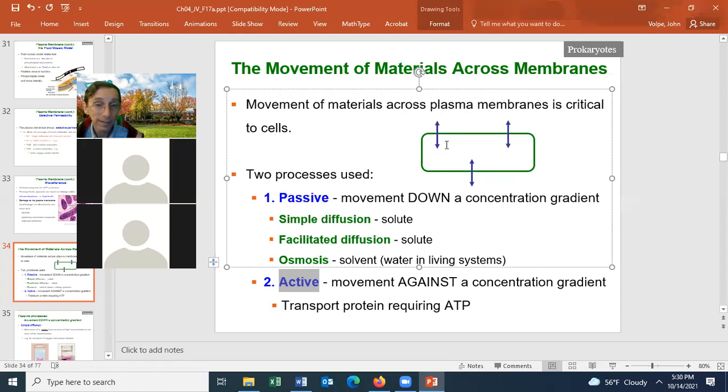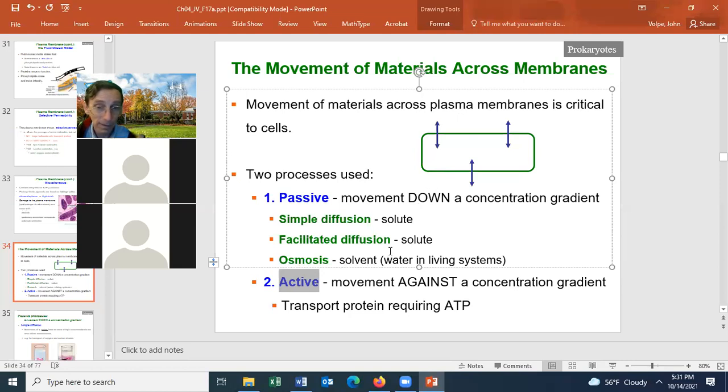A passive process can happen by simple diffusion, which I just described, but it can happen by facilitated diffusion, where a solute moves into the cell through a protein channel, but it's moving from areas of high concentration to areas of low concentration. And then the third passive process is osmosis. And osmosis is water moving across the cell membrane.